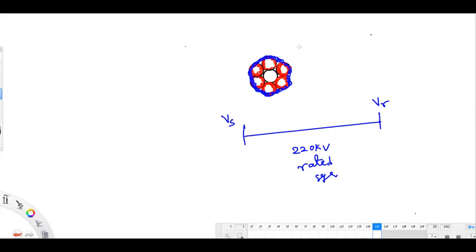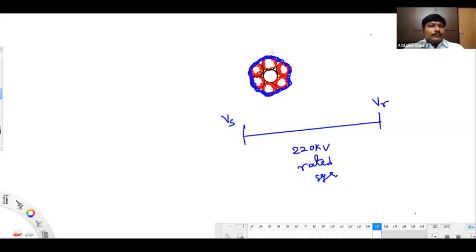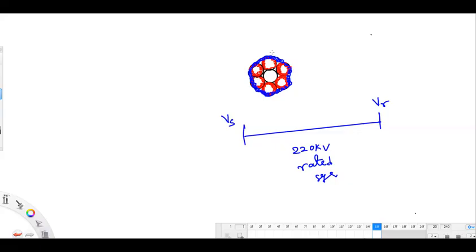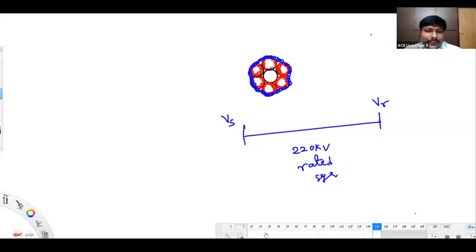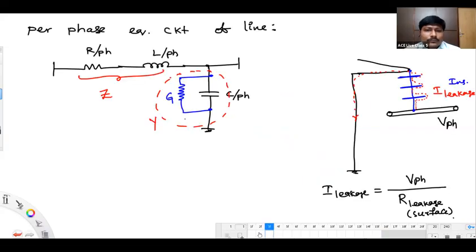In the per phase equivalent representation, mutual capacitance, the line to line capacitance, is there.